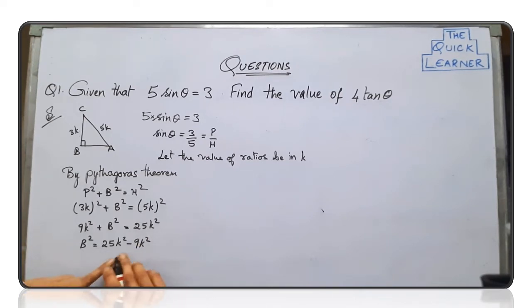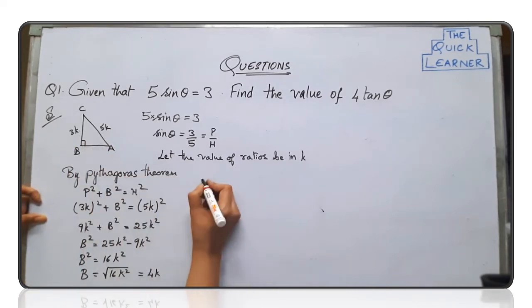Since k square is the same variable in both terms, we can solve this. So b square is equal to 25 minus 9, which is 16k square. Now taking the square to the other side, it becomes the square root of 16k square. 4k is your answer.